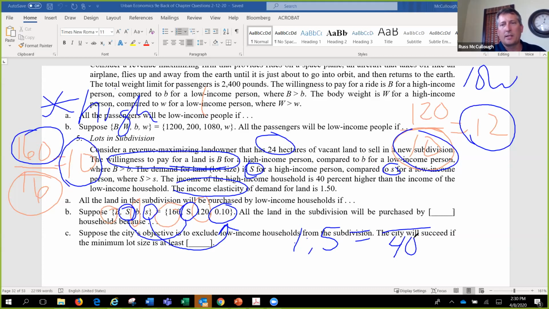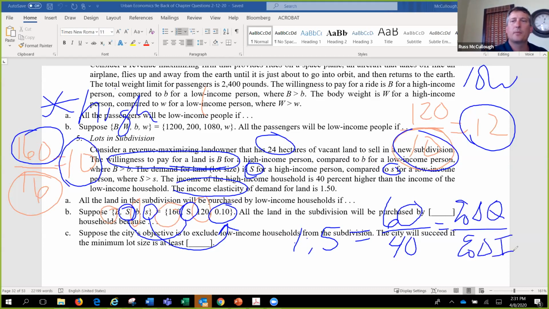So an increase in income of 40% led to a percent change in quantity of 60, right? So 60 over 40. That was the percentage change in quantity demanded over the percentage change in income.